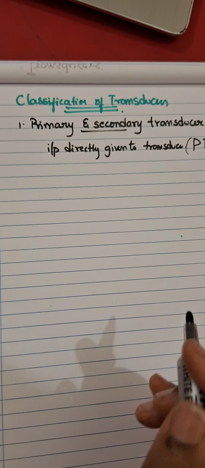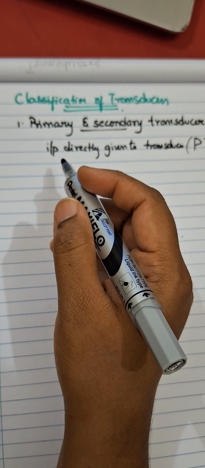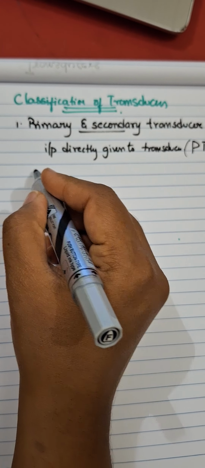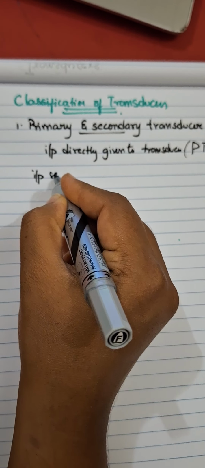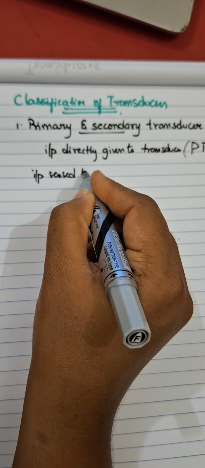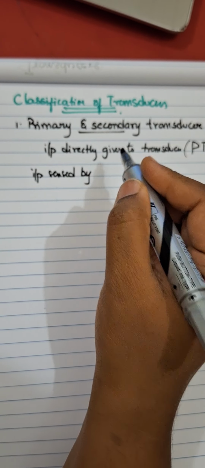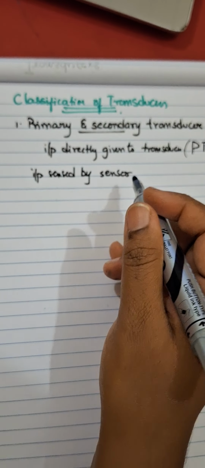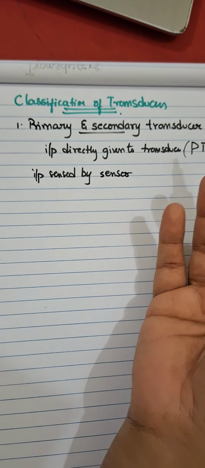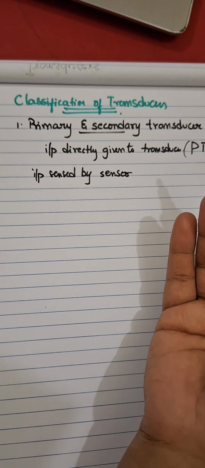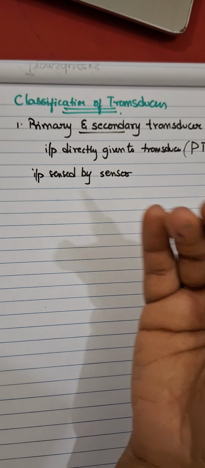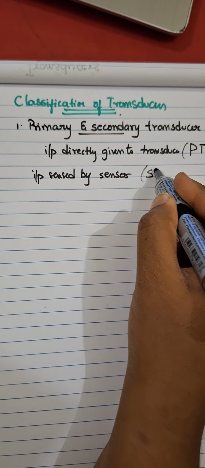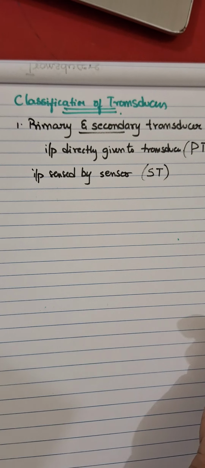In the same way, when the input signal is sensed by some detector or sensor in the circuit, and then the output is converted into another form and displayed, such things are called secondary transducers.